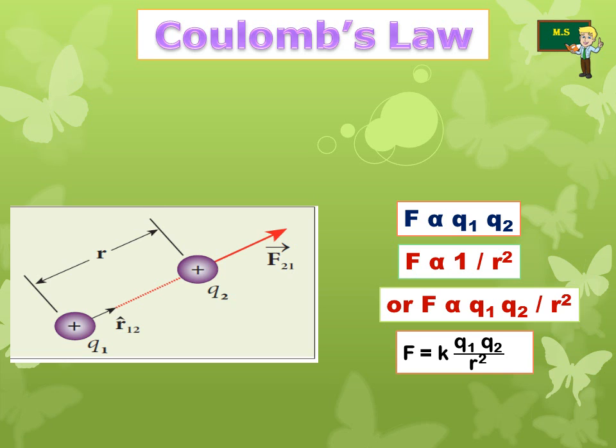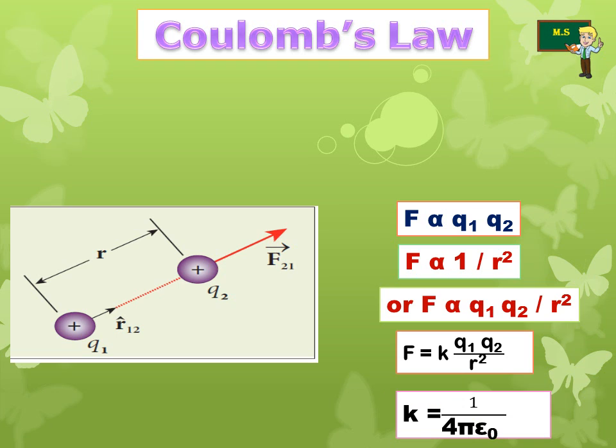We use K as a constant here, which depends on the system of units and also on the medium between the two charges. Here Q1 and Q2 are the charges. K is equal to 1 by 4 pi epsilon naught.